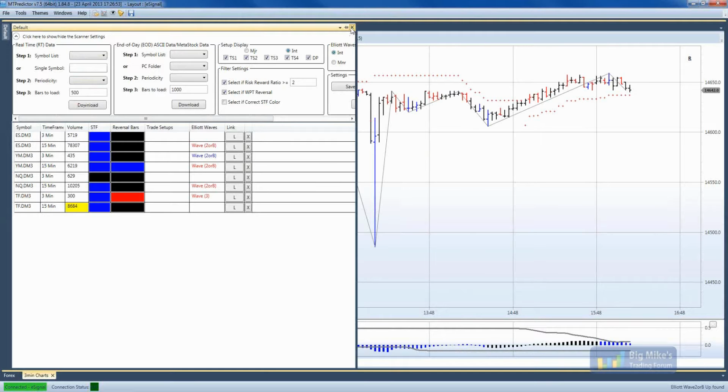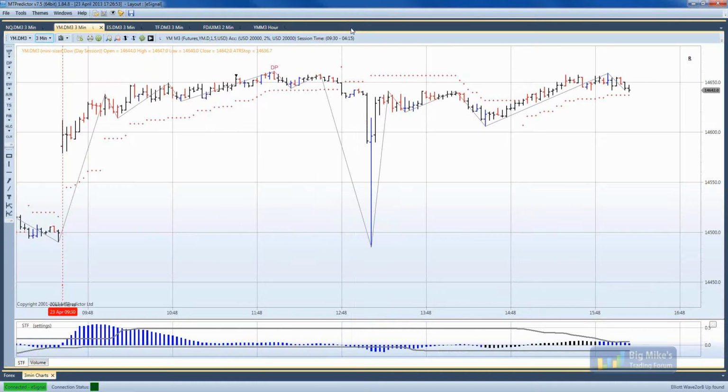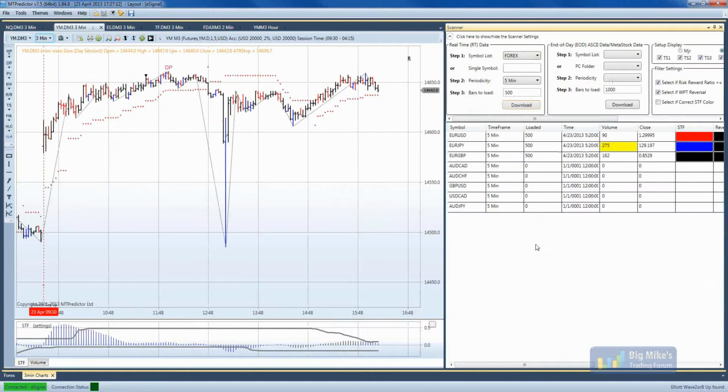If I do a new scanner, let's say I want to draw in all my Forex list on 5-minute charts, and then download. It'll just go in and do them all at one time, really quick and easy.